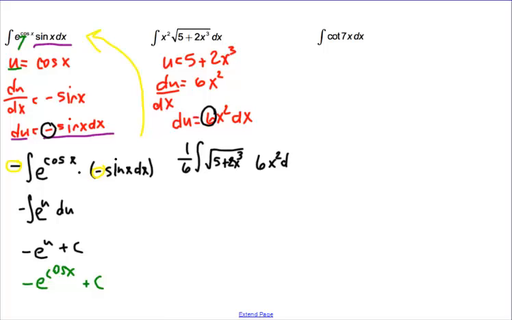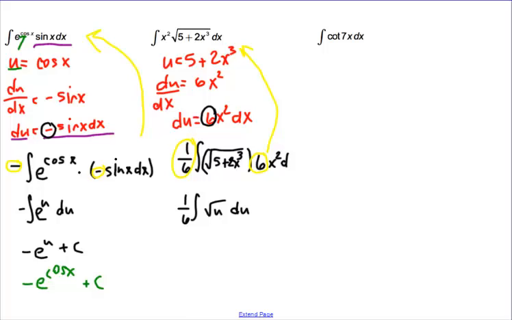Okay. So this looks really strange, but I wrote it that way for a reason, because here's what you're going to end up with: 1/6. And notice when you multiply 1/6 with 6, we're back to our original equation. So what I'm really doing is I've got the indefinite integral of the square root of u times du.